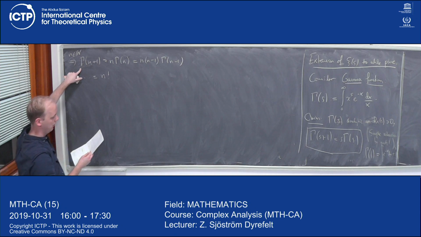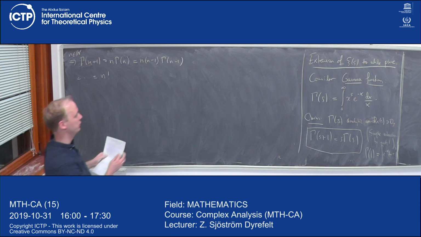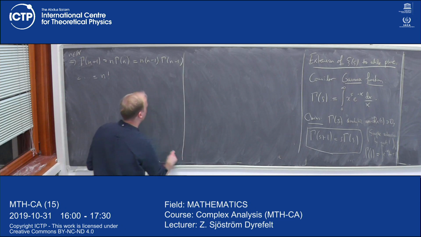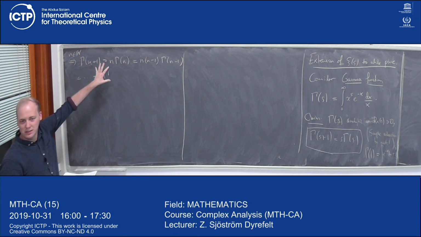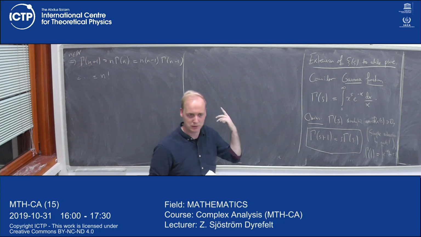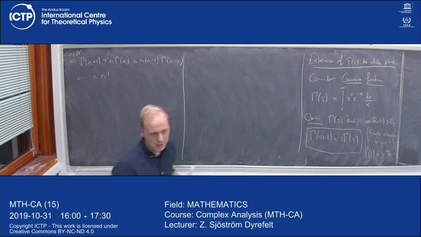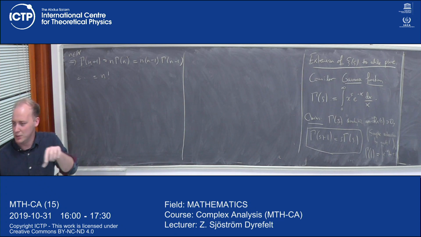Yes, okay. And as some of you at least seem to have already known, what this means is that on the natural numbers, this gamma function is equal to the factorial. And so it's an analytic function on the whole positive half plane that on the natural numbers is equal to the factorial.